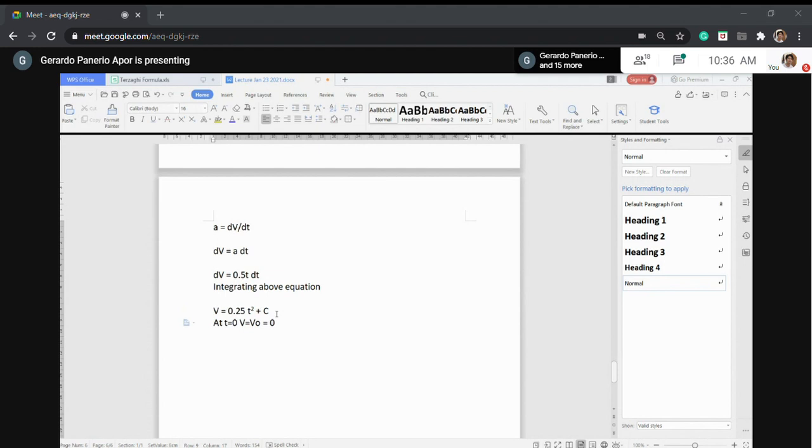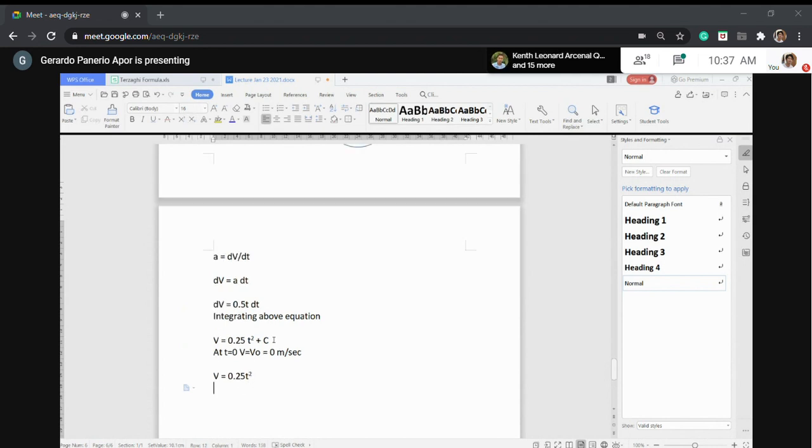So 0 meter per second. Our equation for v is just 0.25t squared. This is the tangential velocity.